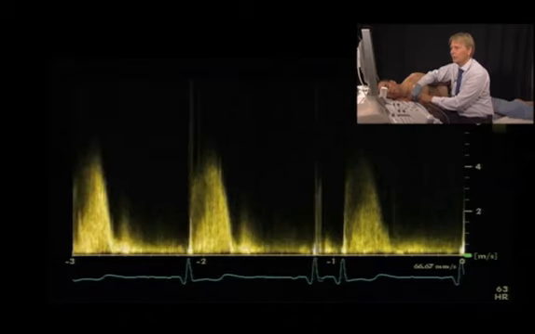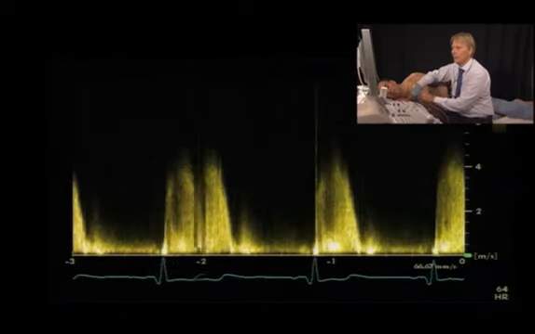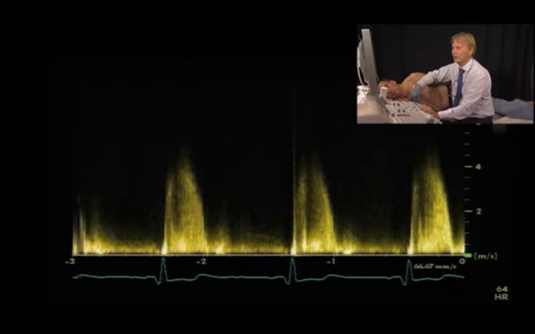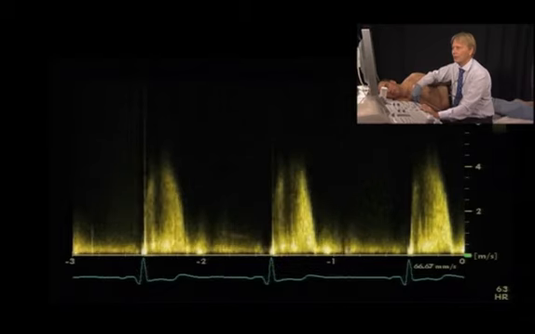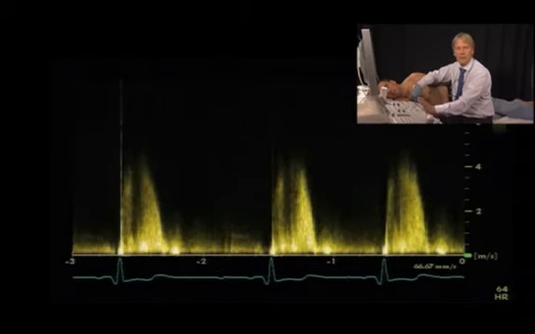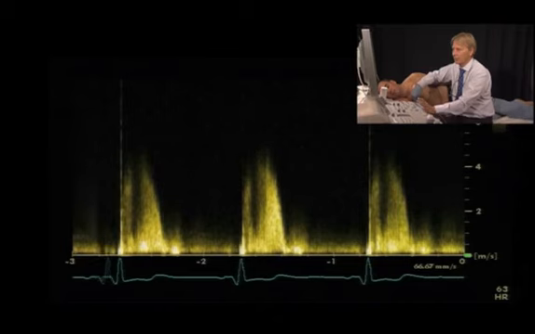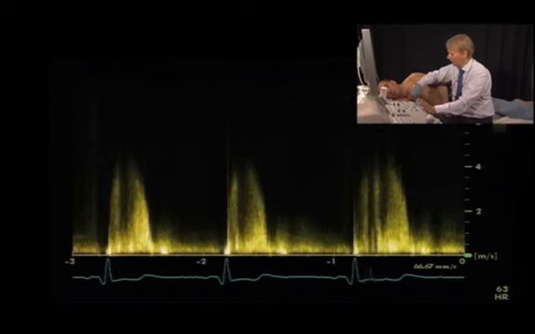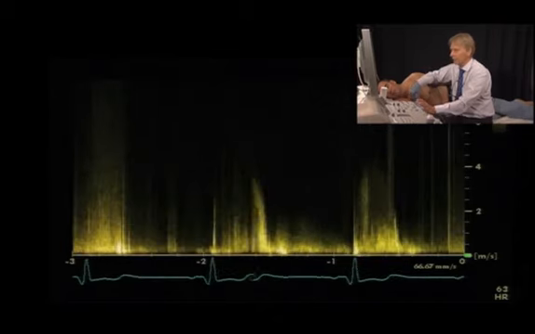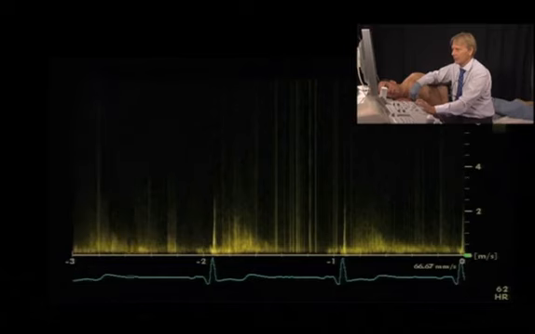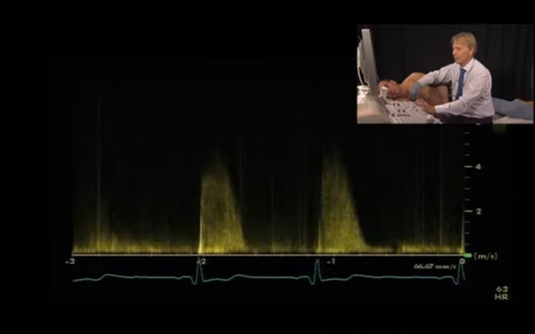Small motions, and the velocity is somewhere in the region of maybe 4.5 meters, but we do not know if this is really the maximal velocity. So I will now move more cranial with my transducer position, and again adjust the transducer.